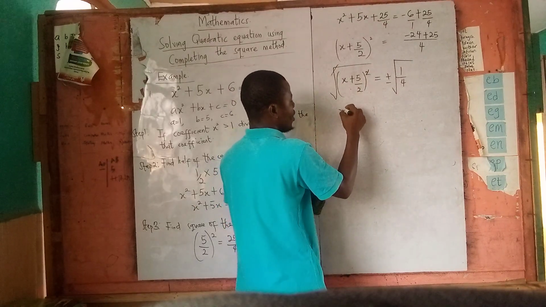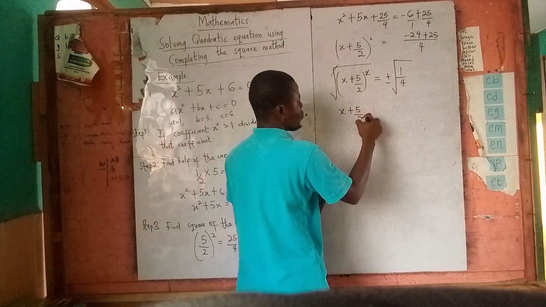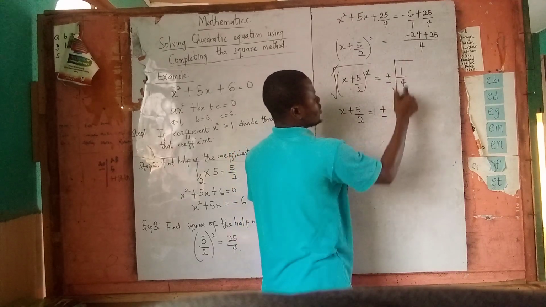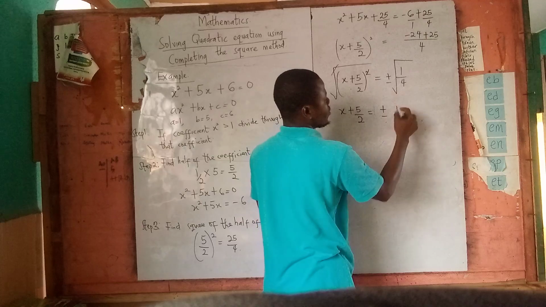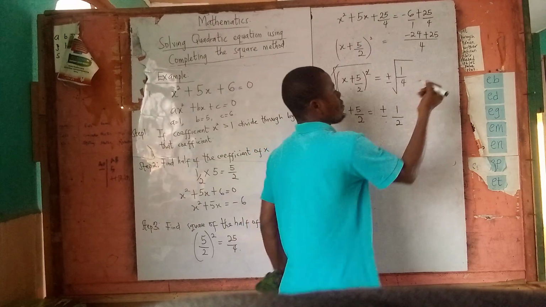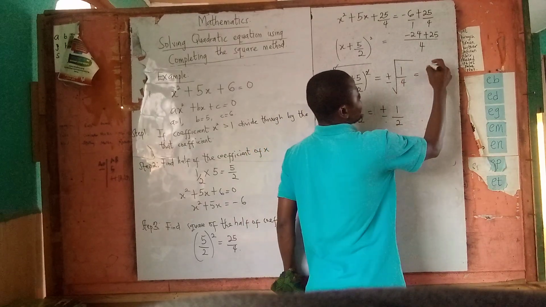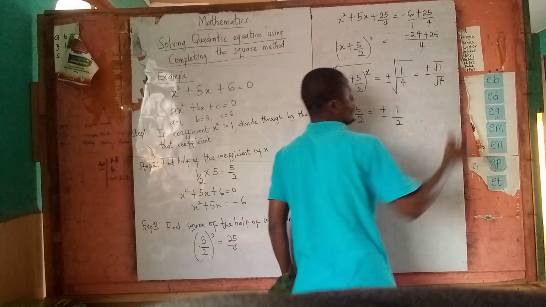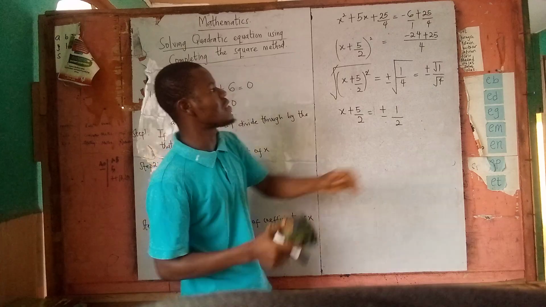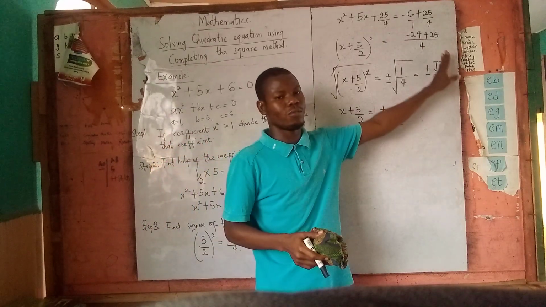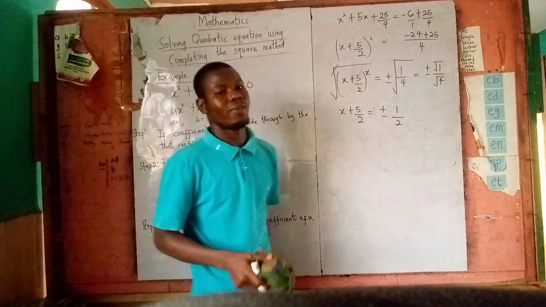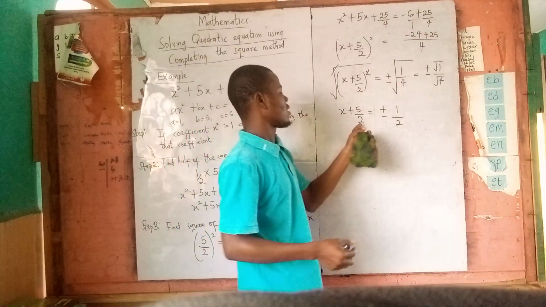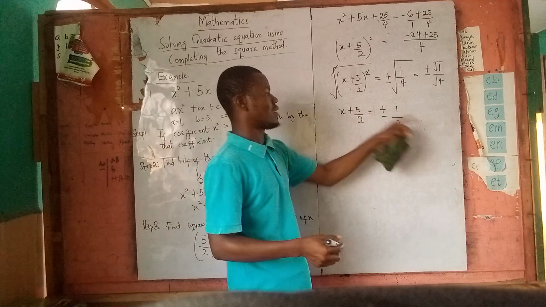So I have x plus 5 over 2 equals plus or minus the square root of 1 over the square root of 4. The square root of 1 is 1 and the square root of 4 is 2. You split the square root for both values. Since you are looking for x, you bring this value over to the other side.